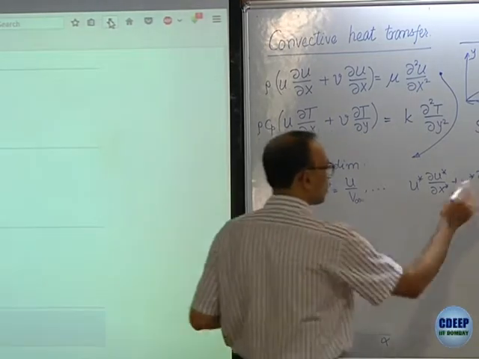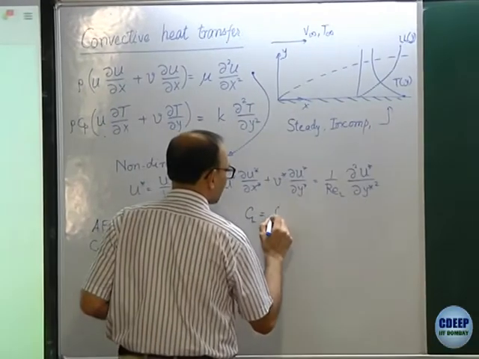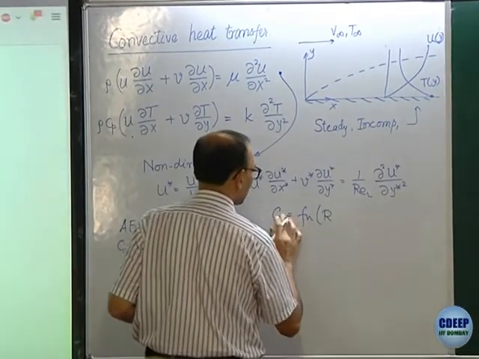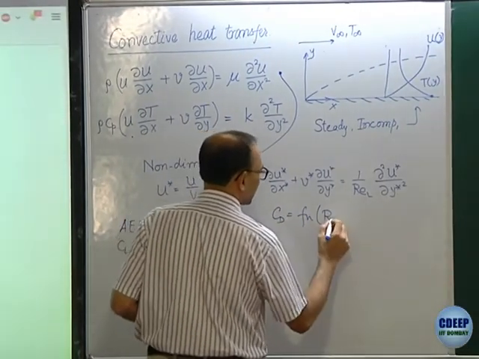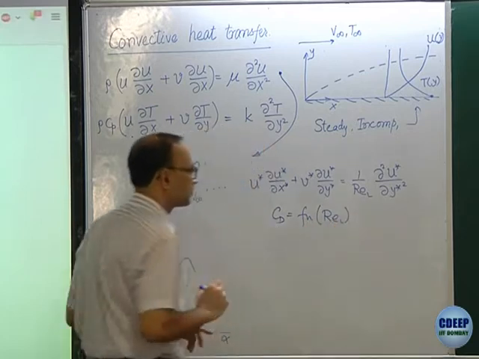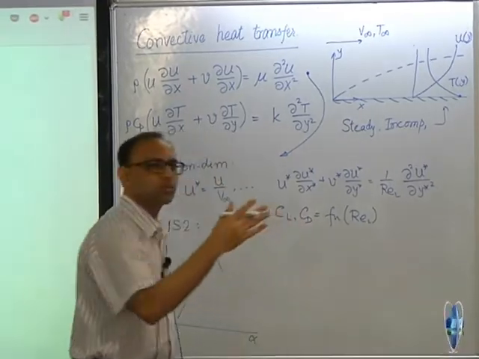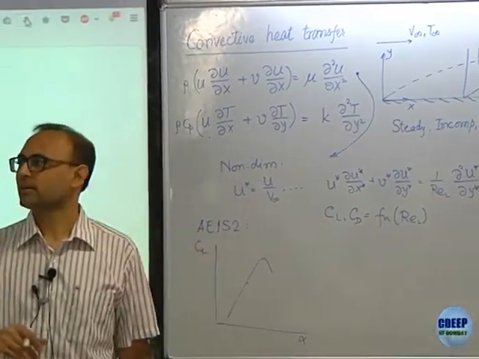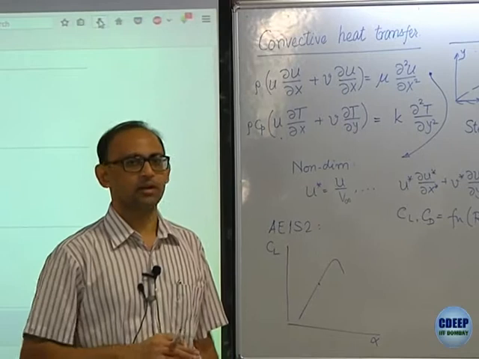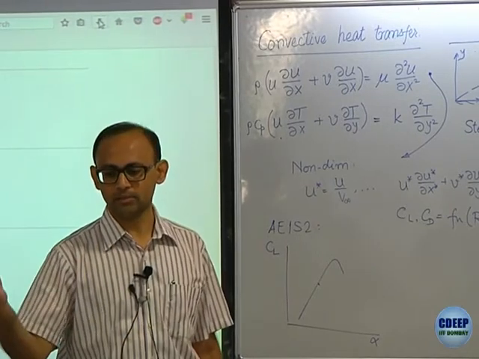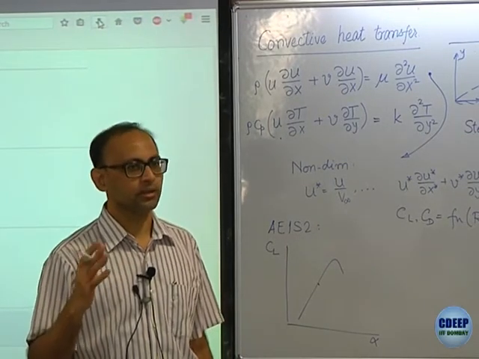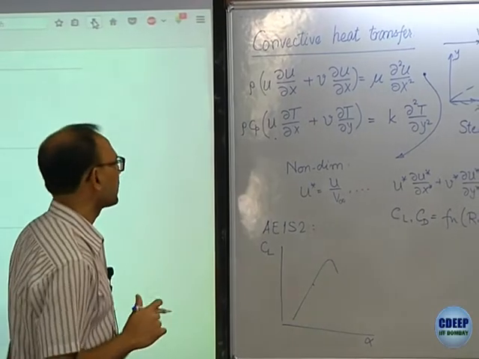So we said once we normalize it, CL is a function of, in fact we did CD last time, Reynolds number, and so is CL. So all the non-dimensional coefficients, which are force divided by dynamic head times an area, are functions of Re_L.